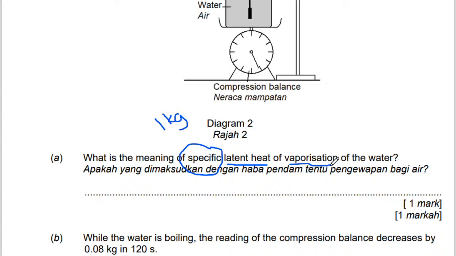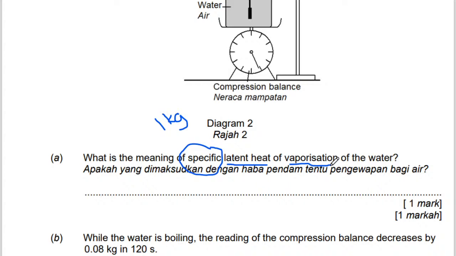Okay, so I read again, see which one is the best answer. Amount of heat energy required to change physical state from 1 kg substance from liquid to gas. Heat absorbed by 1 kg water to change from liquid to gas. Heat energy needed to change 1 kg of liquid to gas.